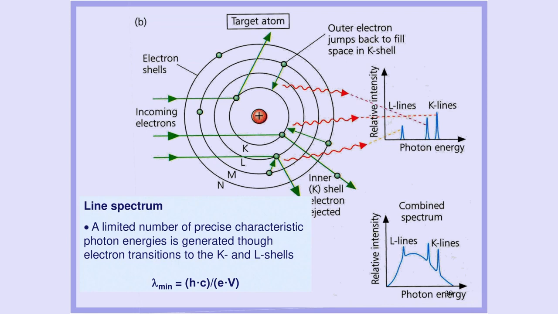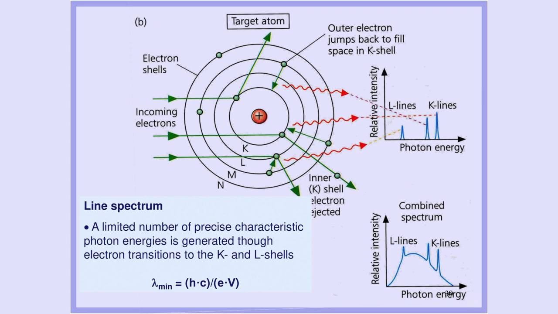X-ray range. The short wavelength cutoff of an X-ray beam is determined by the tube voltage, and electron kinetic energy equals the product of the charge of the electron and the voltage applied.